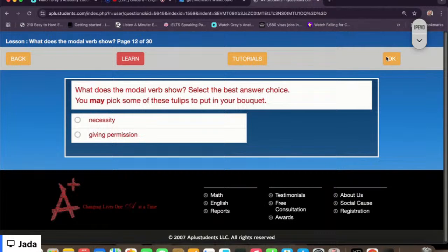You may pick some of these tulips to put in your bouquet. Necessity or giving permission? All right, so giving permission.